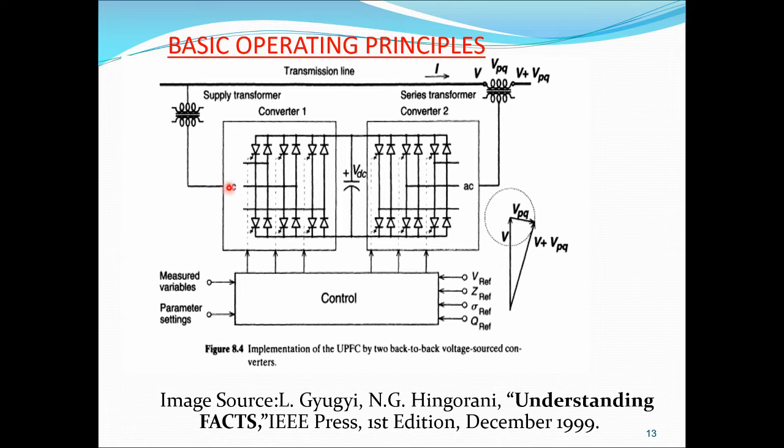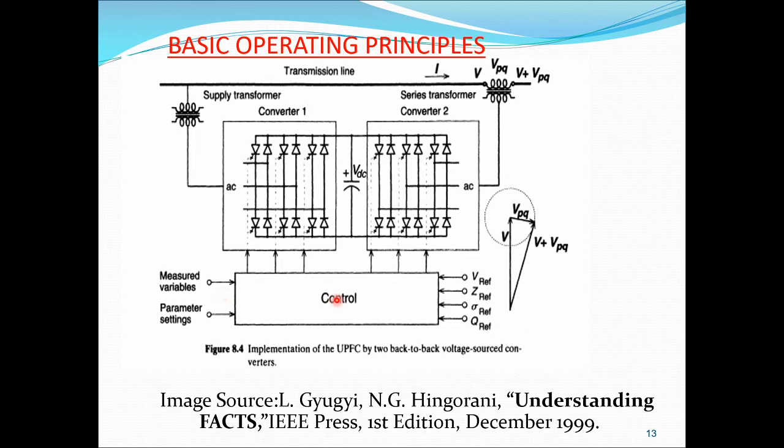That is the AC supply, the three-phase supply. Same as before, converter 1 and converter 2. This side is nothing but voltage source converters; one is the series converter and the other is the STATCOM. They are connected via the DC link capacitor, VDC, which is a storage device. I would like to make all the control parameters: voltage, impedance, load angle and reactive power, and thereafter measured variables and parameter settings.